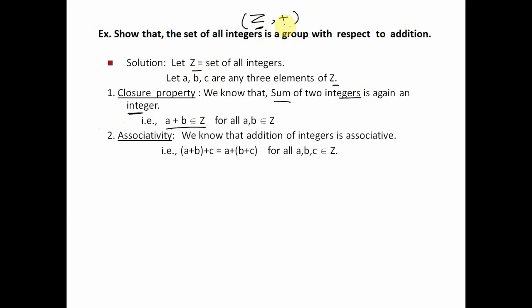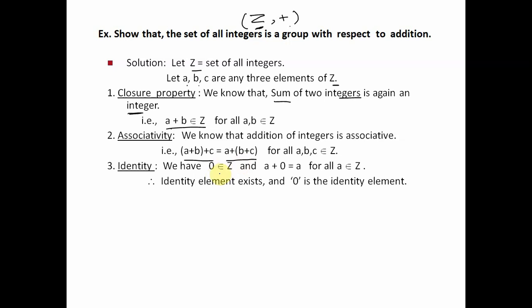Associativity: once again I know that integer addition is associative. So if I take three elements a, b and c belonging to the set of integers, these three elements also follow the associative property. So the second property has been verified.